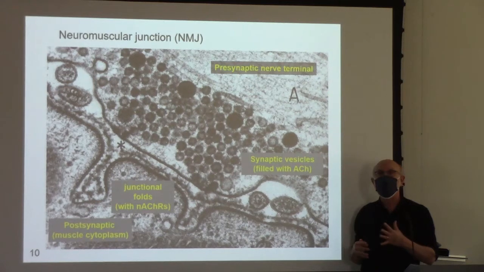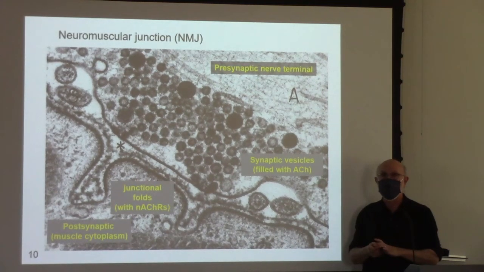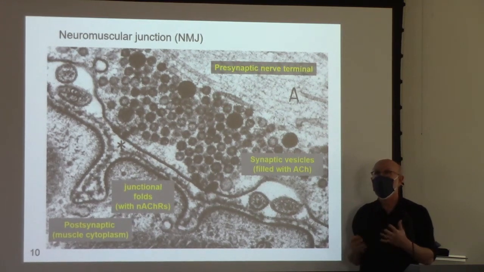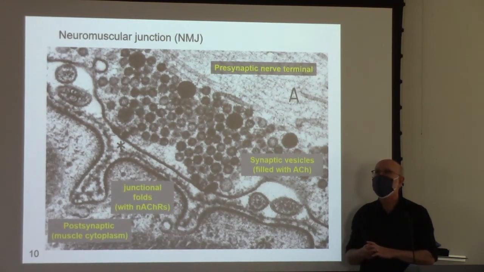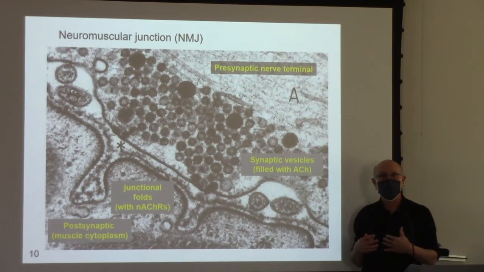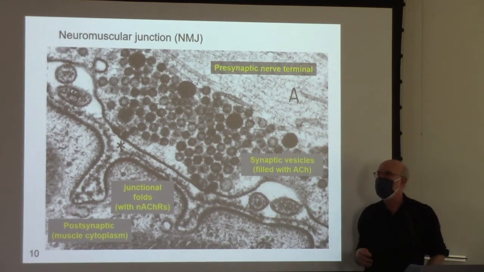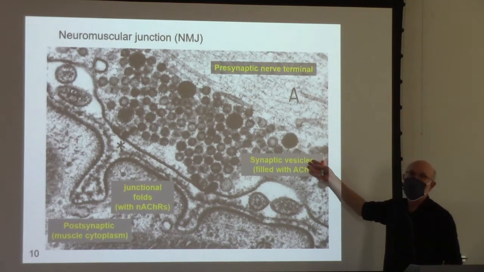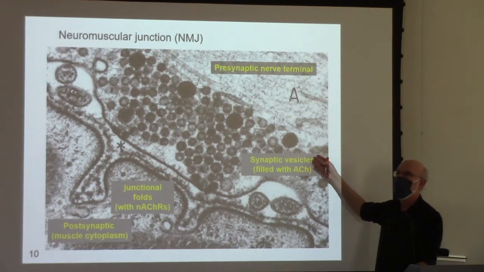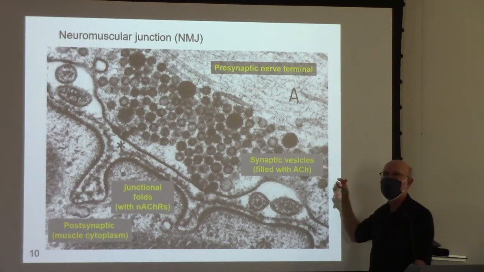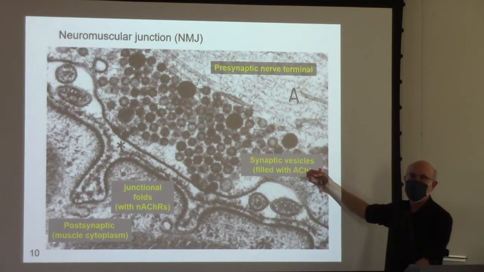In some cases I do want you to know the name of the neurotransmitter at a synapse, like the name of the neurotransmitter that is at the synapse between the retinal photoreceptor and the bipolar cell. You know the name of that neurotransmitter. I'm asking you to know that one. I'm asking you to know this one too: that the neurotransmitter at the neuromuscular synapse is acetylcholine.